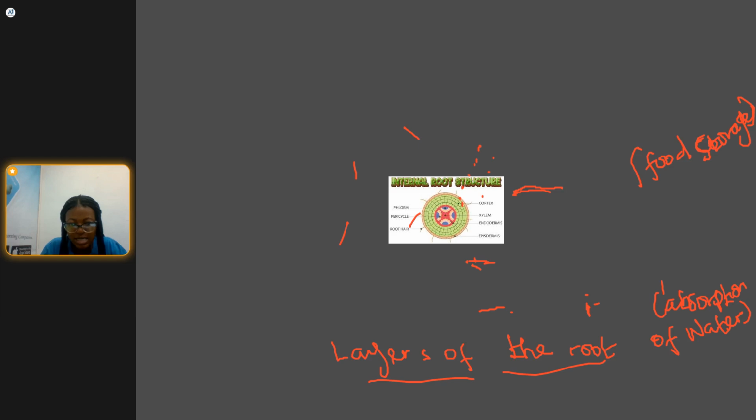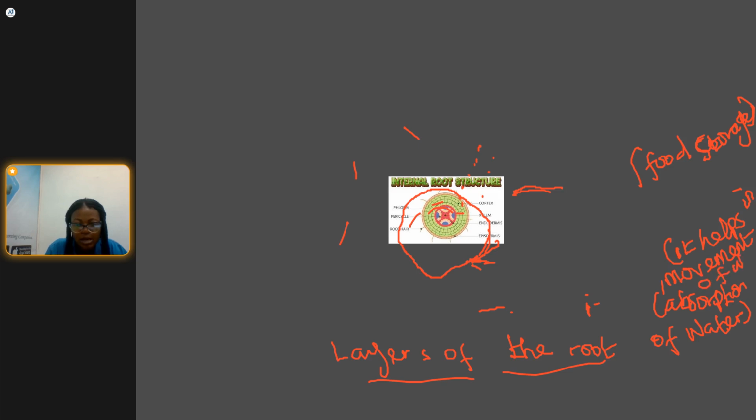This outer layer of the circle, the endodermis, is responsible for the movement of whatever is inside this circle. We'll go to the vascular bundles now. So the function of the endodermis is that it helps in the movement of water.